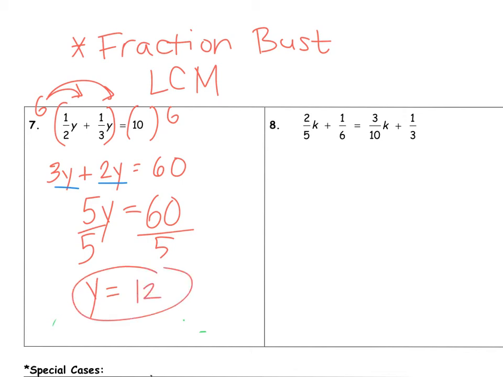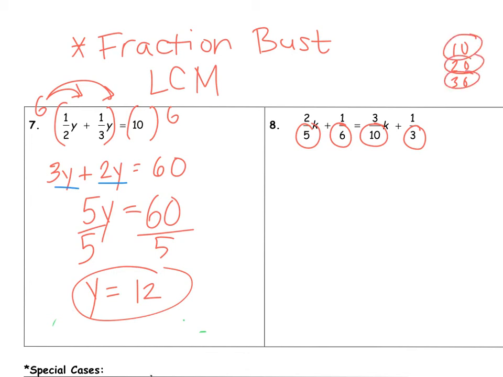So looking at number 8, notice I have all of these denominators. I have 5, I have 6, I have 10, and I have 3. So I'm trying to figure out what number they each go into. I'm going to start with the 10. I know 10, we have 10, 20, 30. So now I'm going to look at my 5 and 6. I know with 5s, I can count by 5, 5, 10, 15, 20, 25, 30.